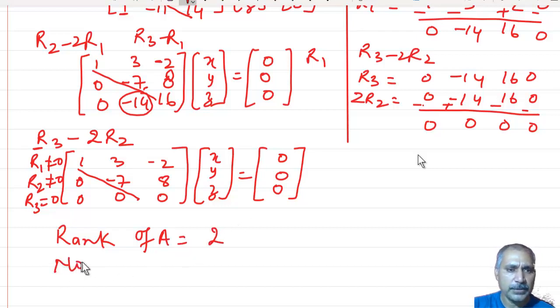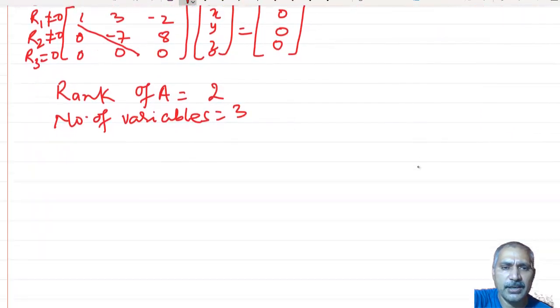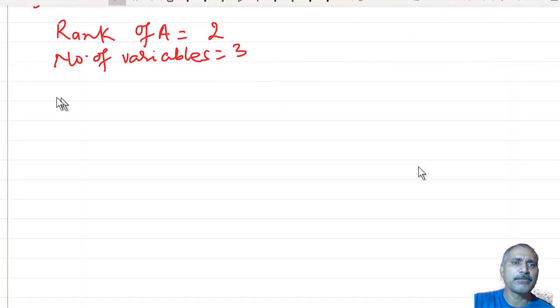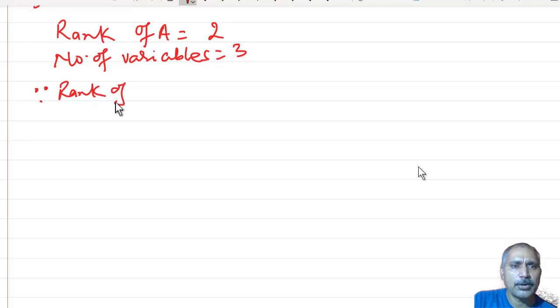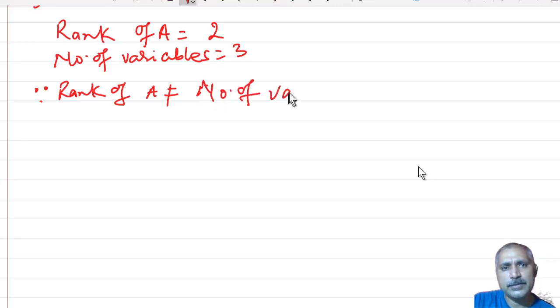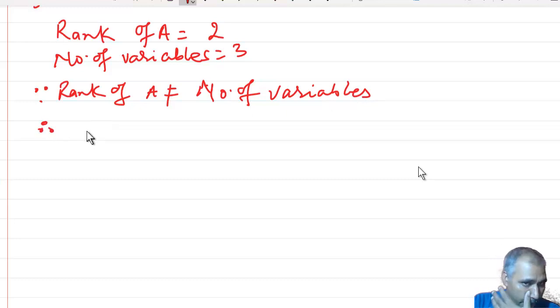Number of variables are 3 because we have x, y and z. Now these two numbers are not the same. The rank of A is not equal to the number of variables. Since rank of A is not equal to the number of variables, therefore there will be infinite solution.